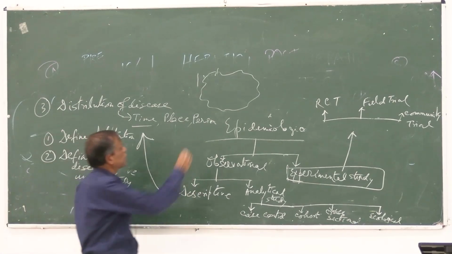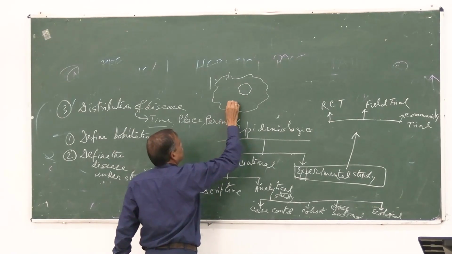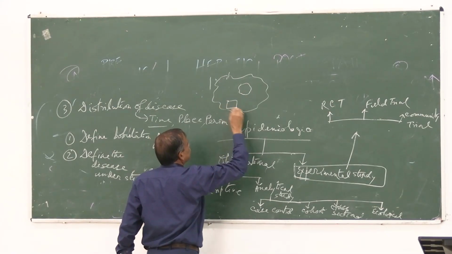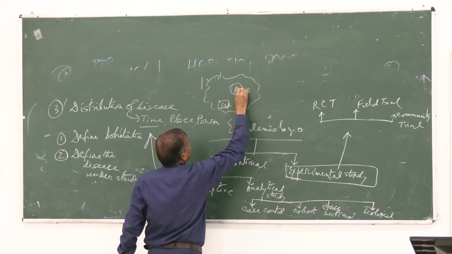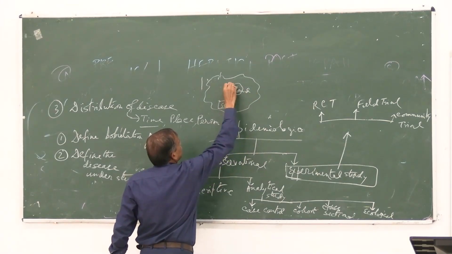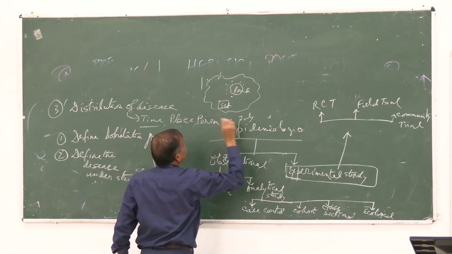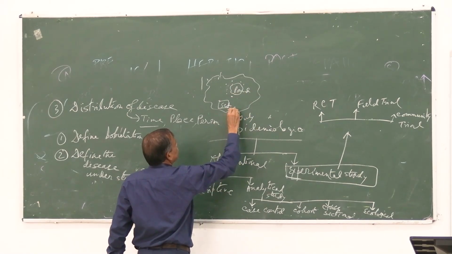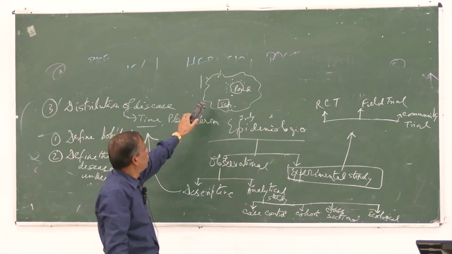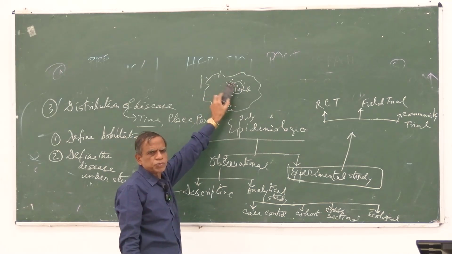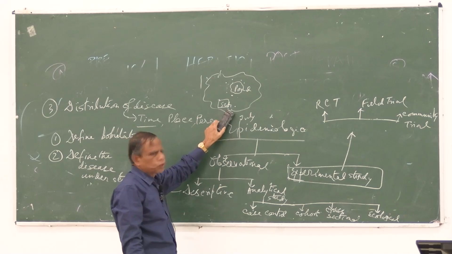With the help of geographical spot map, suppose here there is a pond, a small pond, and here there is a school. In the month of July, we will see that most of the gastroenteritis cases occurred in and around this pond, but few cases occurred near the school.